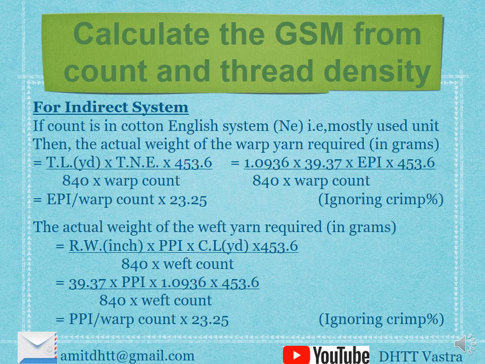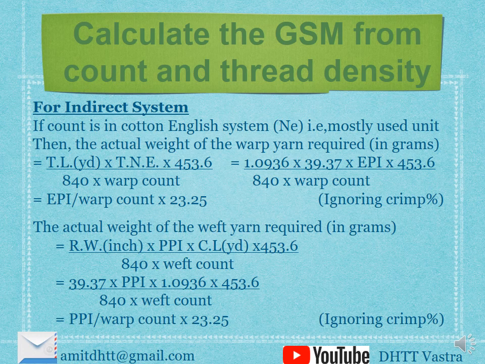And here cloth length must be in yards, so 1 meter is equal to 1.0936 yards, because we have to calculate the weight of the fabric of 1 meter width and 1 meter length, that is GSM.